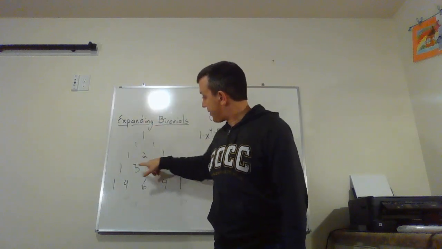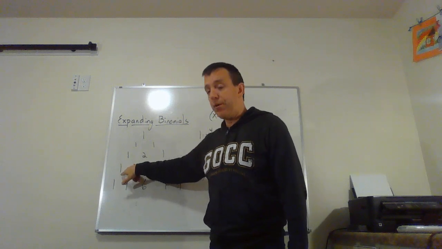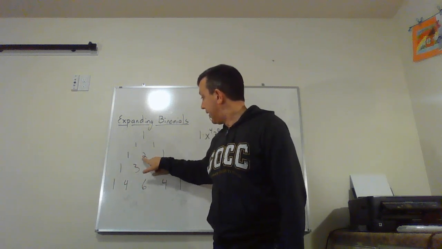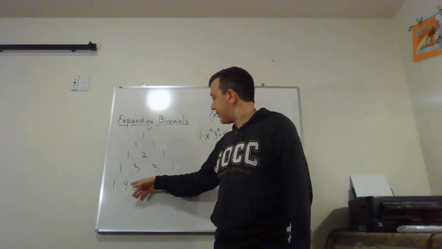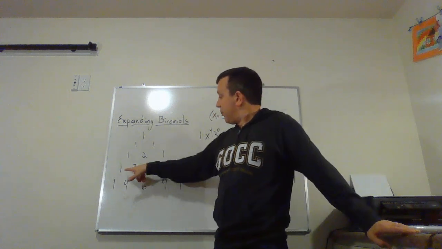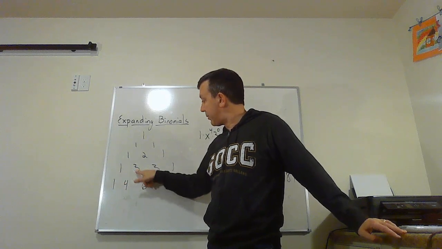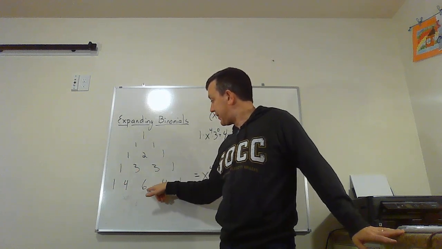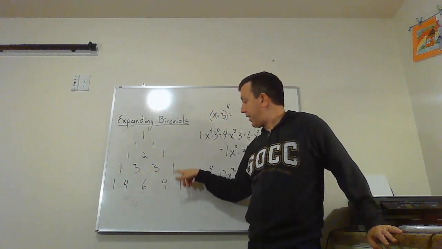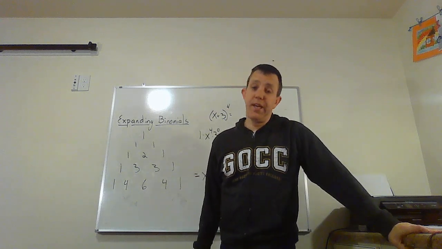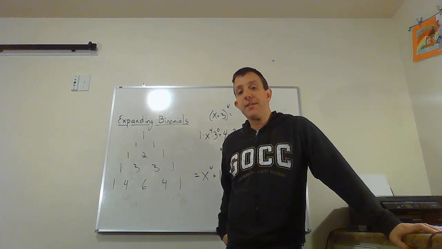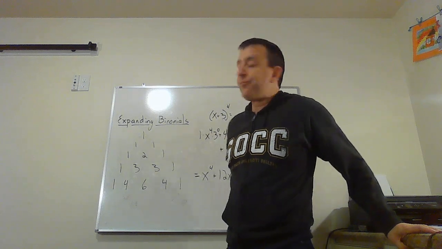And then when you come down to the next row, you get another 1 to start the row, but then 1 plus 2 is 3, and 2 plus 1 is 3, and then a 1 to end the row. And this last row that I wrote, you start with a 1, 1 plus 3 is 4, 3 and 3 make 6, 3 and 1 make 4, and then a 1 to end the row. You can keep this triangle going for as long as you want, and this is actually called Pascal's triangle.